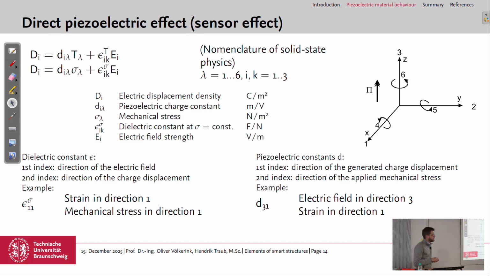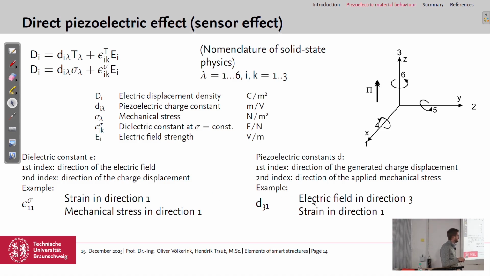And regarding the directions, the first index of the dielectric constant is the direction of the electric field, so for example the 3 direction, and the second index is the direction of the charge displacement. So the electrical field which causes the charge displacement is the first index, and the effect is the second index.